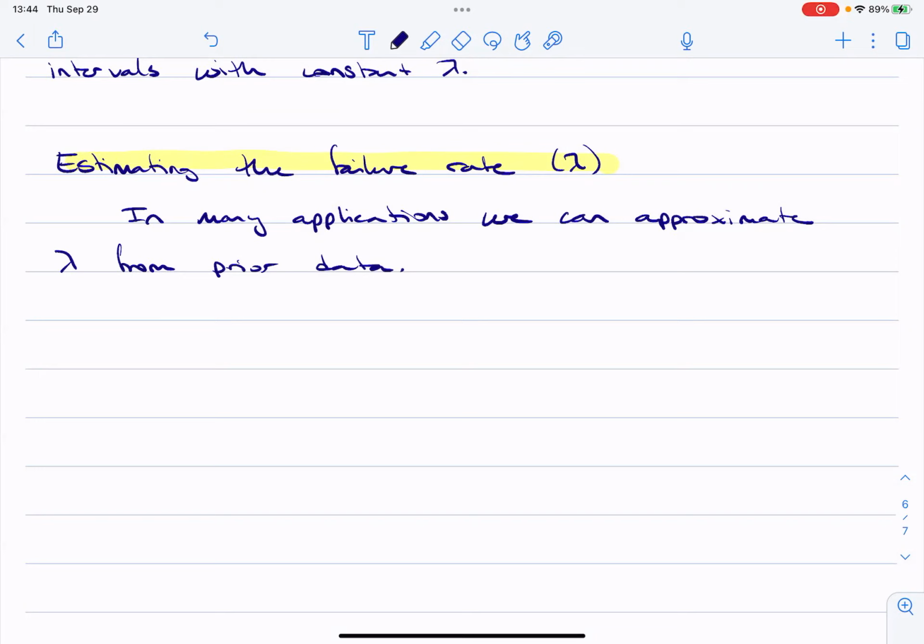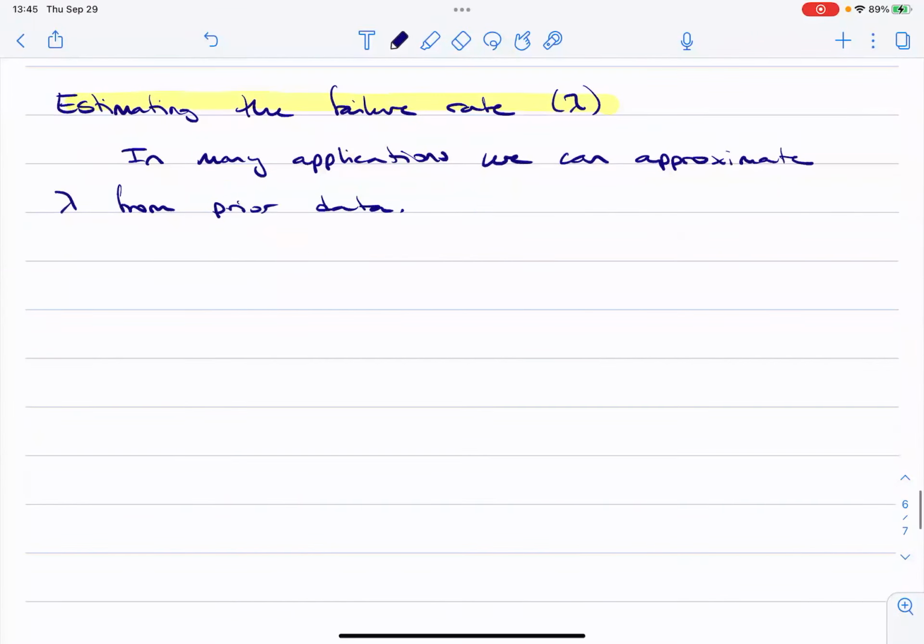What if we're talking about rare events, like very, very rare, planes crashing, for example? We're not after that, but we are very interested in trying to model that, right? Trying to avoid it, prevent it. So if we don't have a lot of data to work with, then we can pick some values and we can model or simulate with those values for lambda.